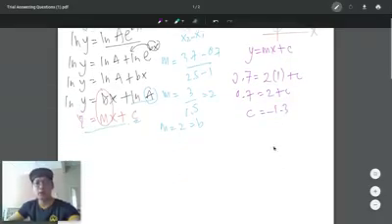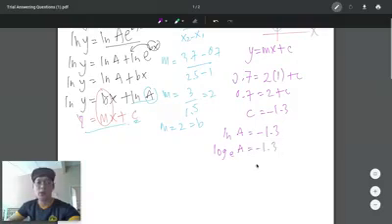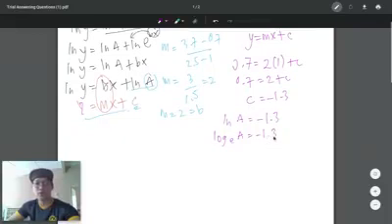This negative 1.3 is equivalent to our ln a. So ln a equals negative 1.3, and ln a is log of base e a equals negative 1.3. By using this property of logarithm, we can convert this to index notation by pushing this e to become the base of the other side. So a equals e to the power of negative 1.3.